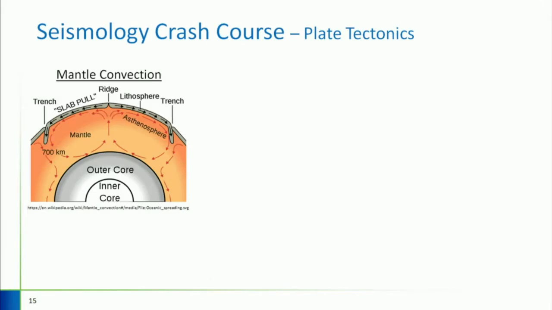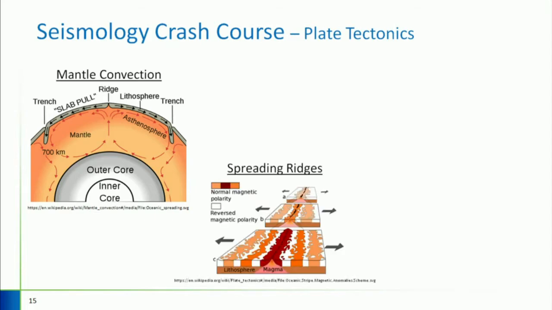Another interesting thing about the molten core is it allows a flow to happen within the Earth. They're kind of convection currents. As the molten material cools, it moves up. As it heats, it gets pulled back down, and it creates these currents. When it slides underneath the crust, it will actually move the crust. And you get these spreading ridges, predominantly in oceans.